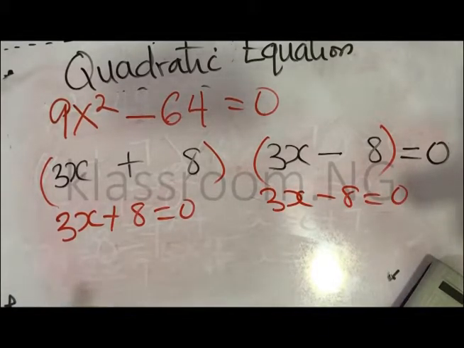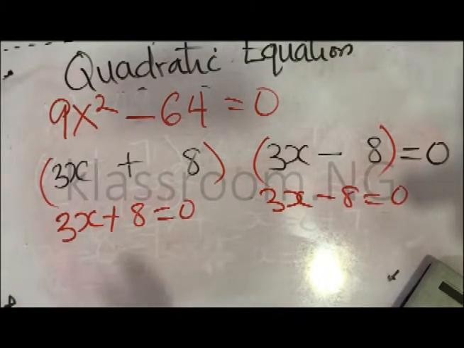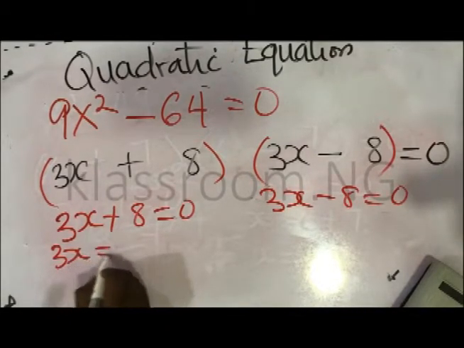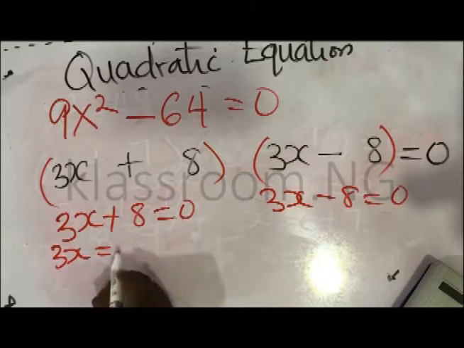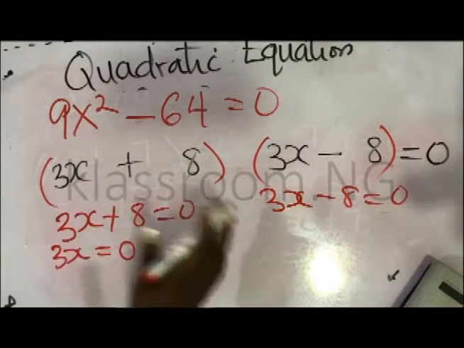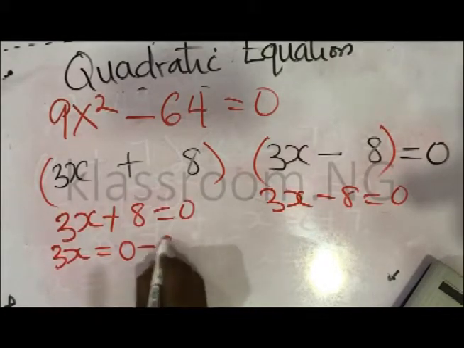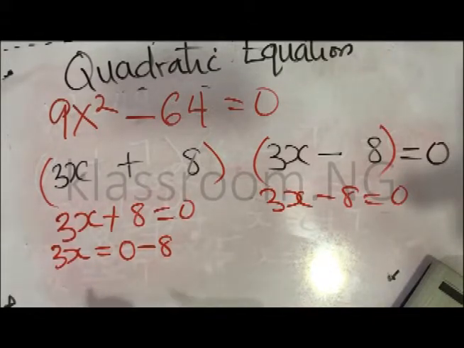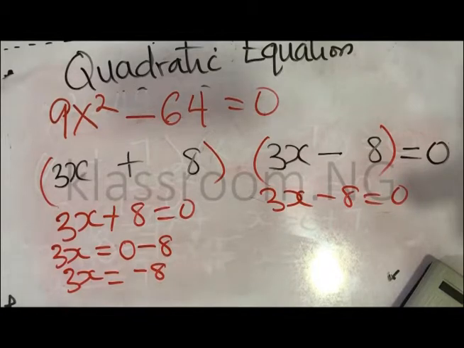Now remember we have a coefficient, so we need to still collect like terms. So we have 3x equal, we have the 0 there already, the plus 8 crosses and becomes minus 8. So we have 3x equal minus 8, because 0 minus 8 will give you minus 8. Now, we can't have our answer like this.